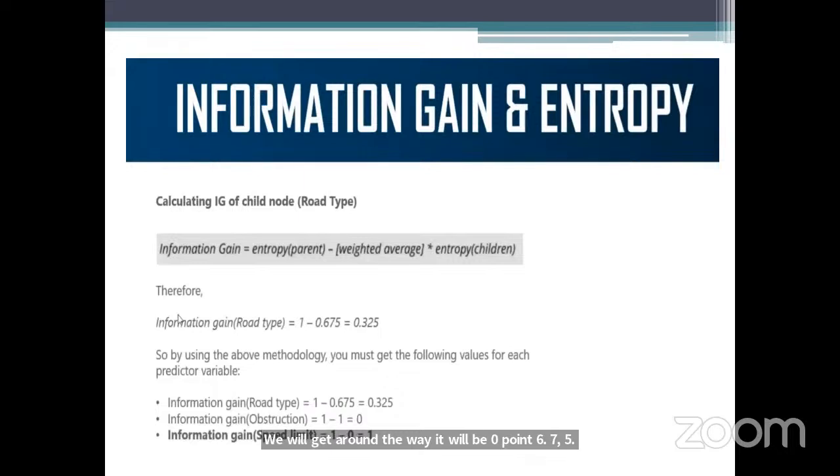Finally, the information gain for the road type is 1 minus 0.675, which is equal to 0.325. That is, you apply this formula: information gain is equal to the entropy of the parent minus the weighted average of the entropy of the children.